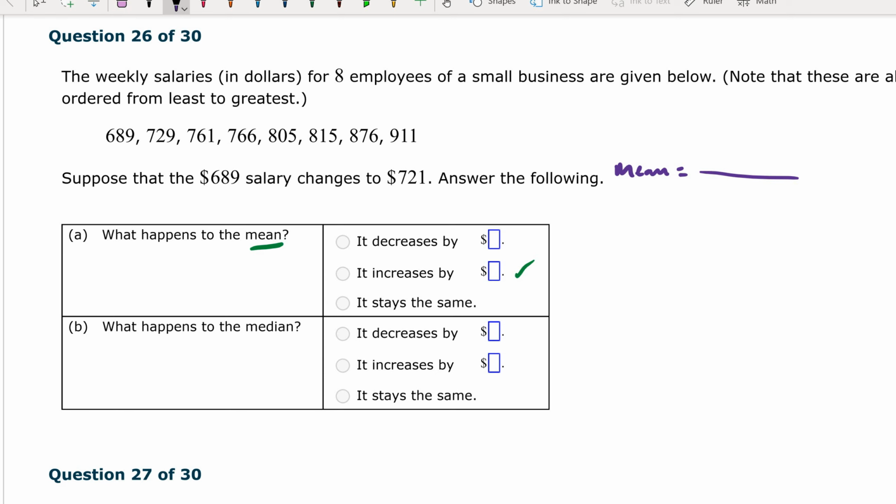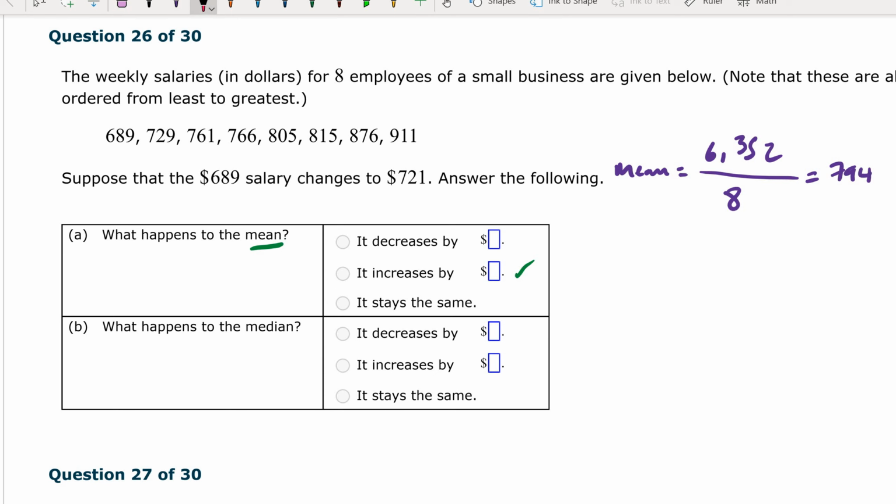I add them all up, I have 6,352, divided by the total amount of numbers we added up, which is 8 numbers. So divide by 8. We will have the average is about 794.